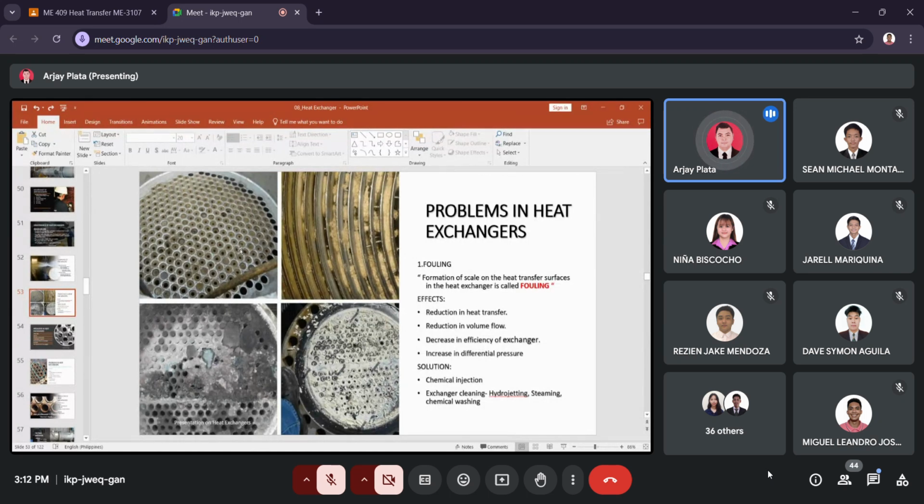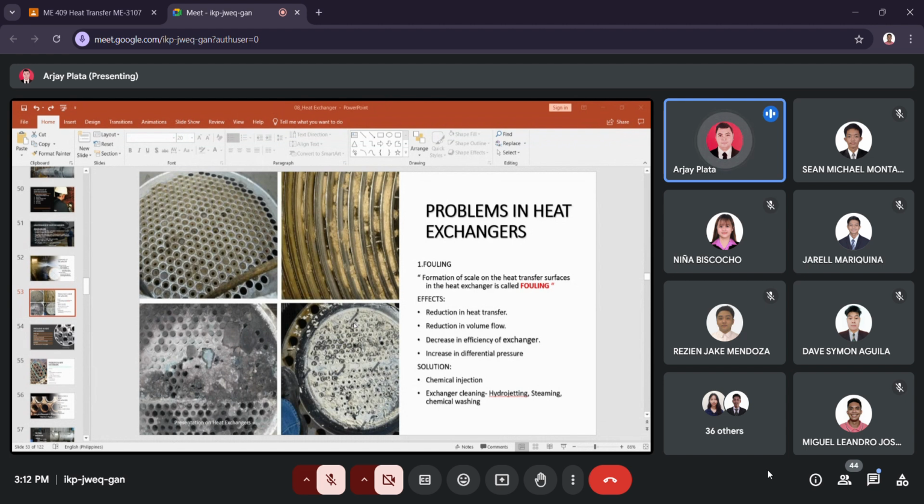So how do we prevent heat exchanger fouling, or the formation of scale on the heat transfer surfaces? Do you have any idea how to avoid this fouling? We can avoid this during the design stage. We must use the correct material. As I have said, if the fluid is corrosive, we must use the correct material.